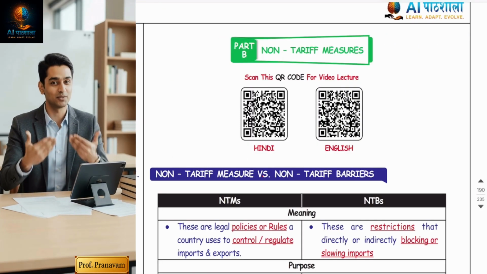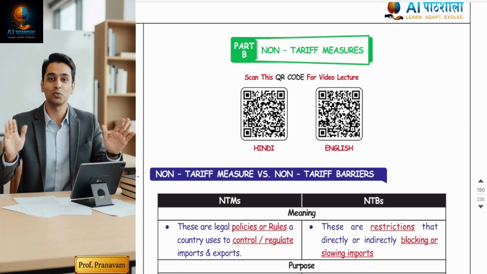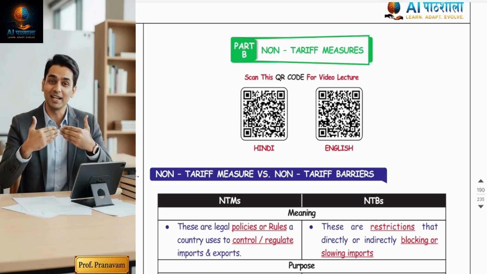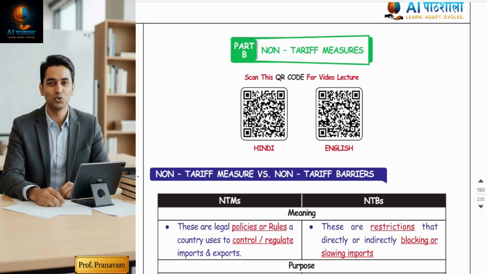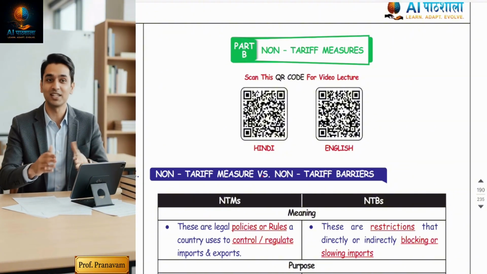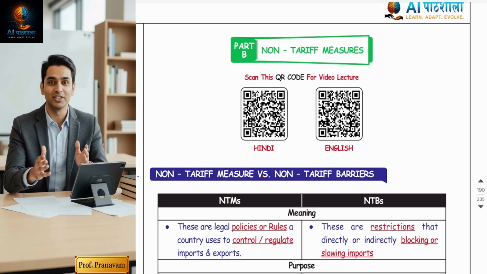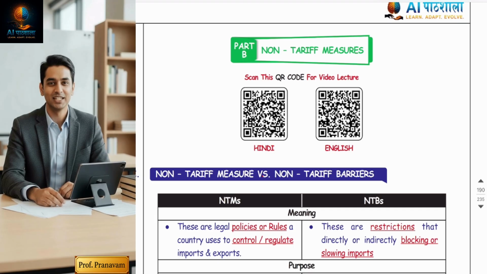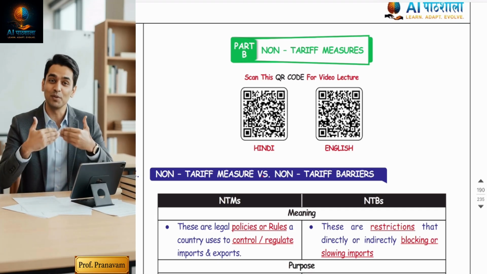Till now, whenever we spoke about restricting trade, one word kept coming again and again. That is tariff. Guys, a tax at a border, clearly visible, easy to identify. But let me ask you one deeper question, guys.